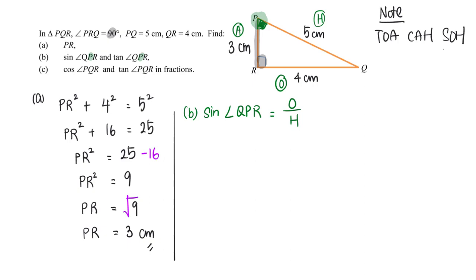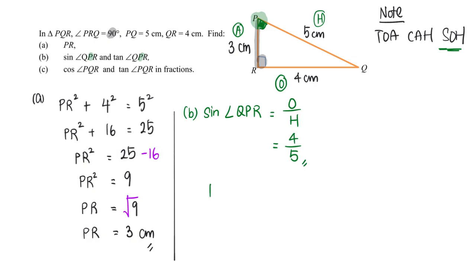Since we need to find the sine, then O divided by H. And what is the length of my O? 4 cm. H is 5. And that is the answer: 4 over 5. That is the ratio that they want expressed in fraction.